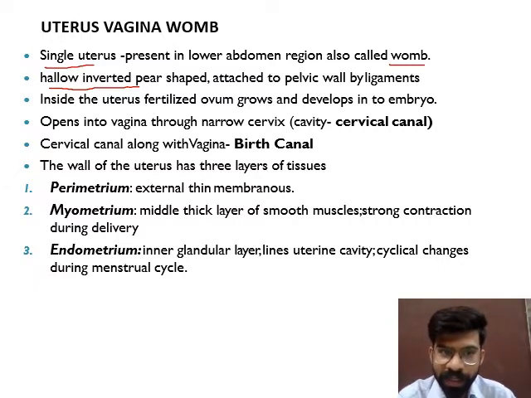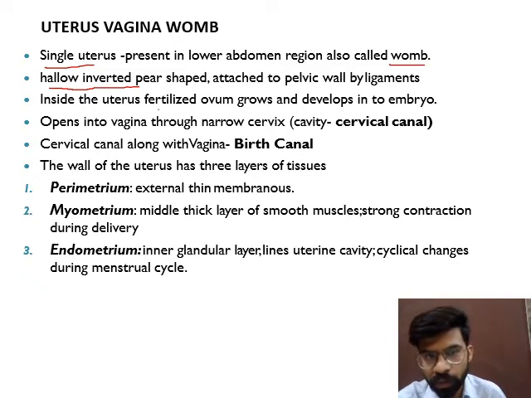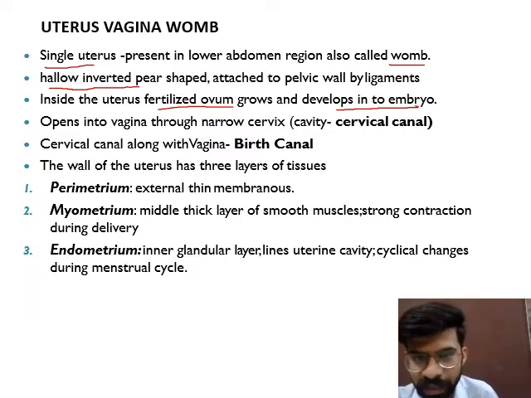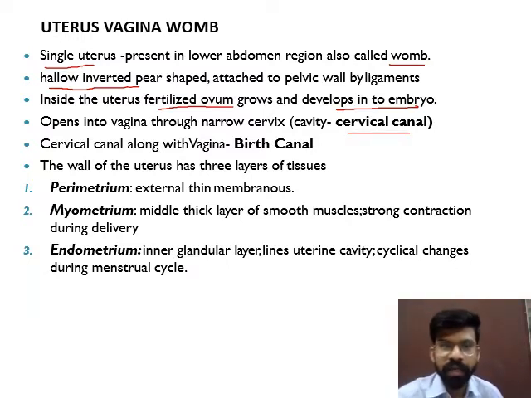Inside the uterus, the fertilized ovum, that is when the egg meets the male gamete, grows and develops into an embryo. The uterus opens into the vagina through a narrow canal known as the cervical canal. The cervical canal along with the vagina is termed the birth canal.